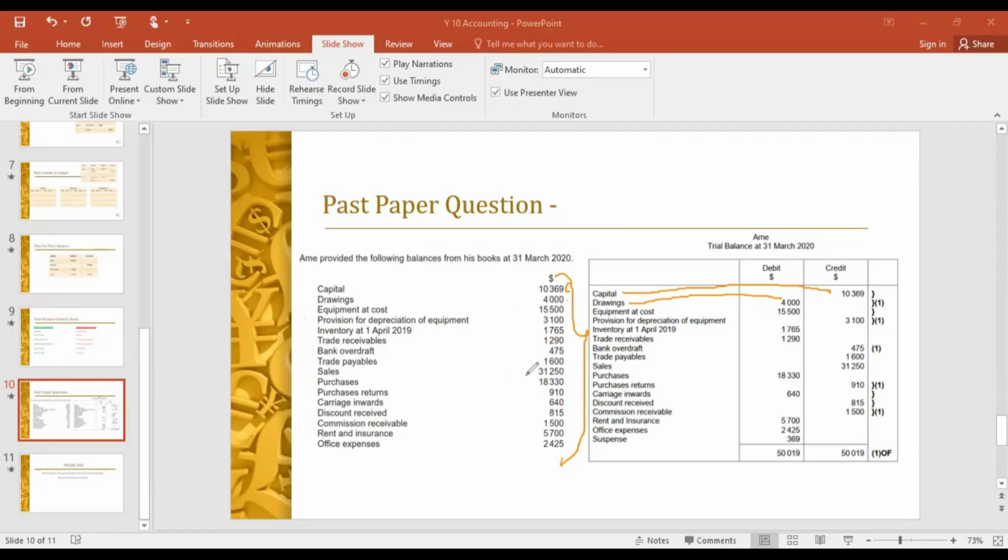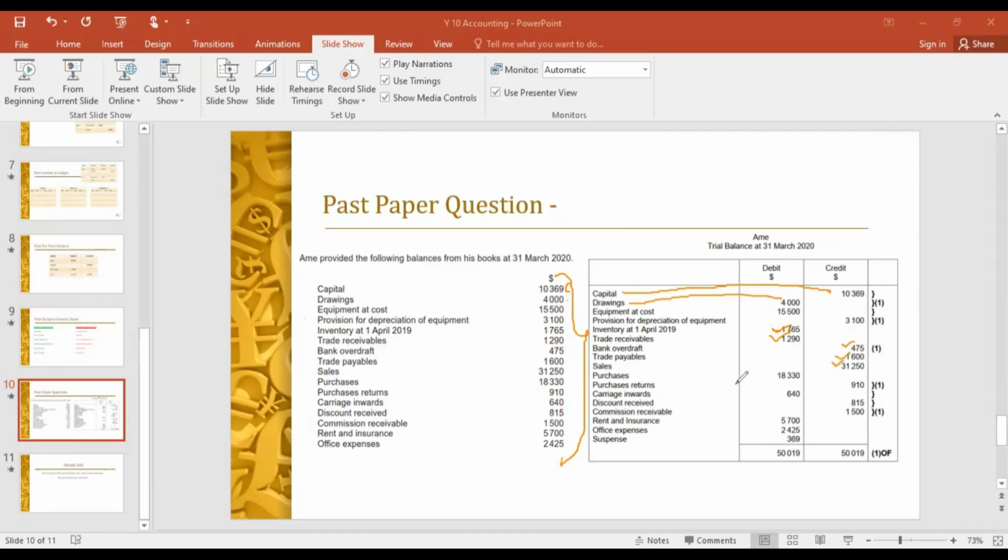You just need to know these rules which I have projected in the previous slide, and then keep the balances wherever they are supposed to be. Okay. So inventories is an asset, debit side. Trade receivable is an asset, debit side. Bank overdraft is a liability, credit side. Trade payable is a liability, credit side.